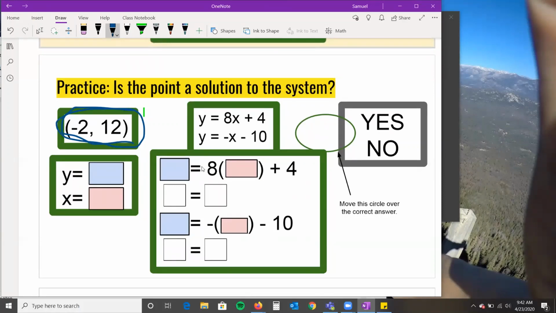I'm going to give you guys 1 minute to get a head start. Plug in those values, the negative 2 and the 12, and see if you get 2 true statements. Okay, ready, go.